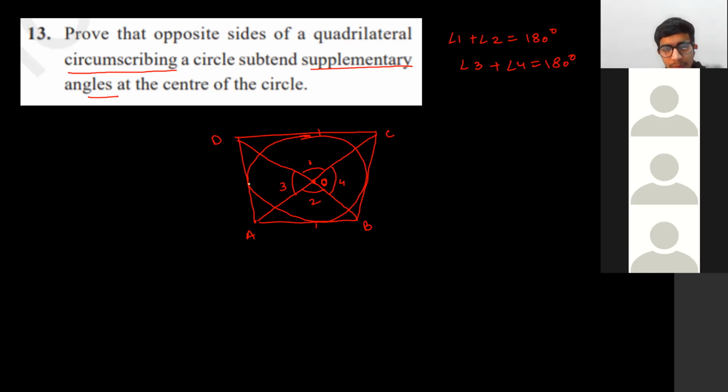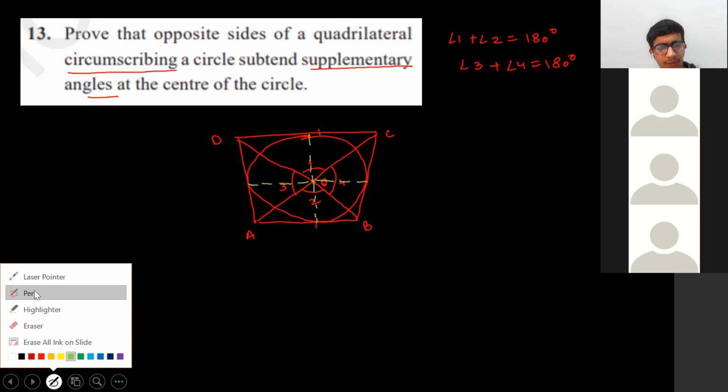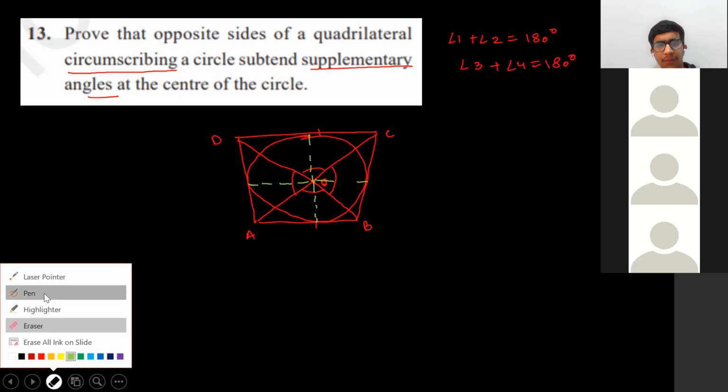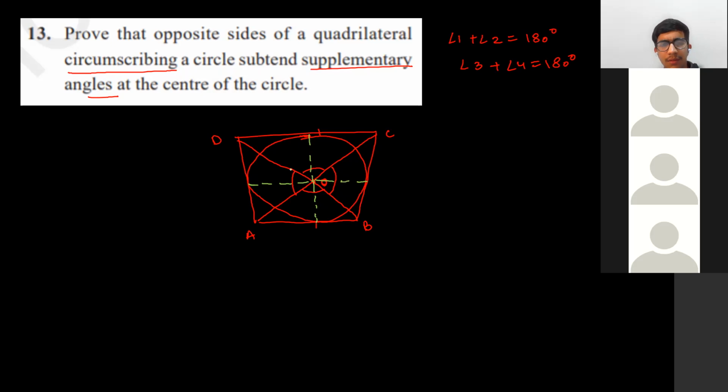Okay, see what we'll do is we'll construct this line, this line, and this line. Let me name the angles so that it becomes easier for us. Let's say this is angle 1, this is angle 2.